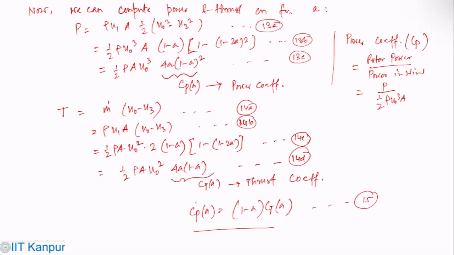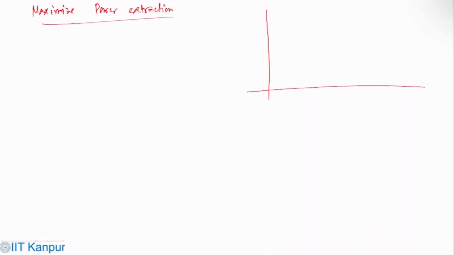So what we can do, we can maximize power extraction. So if you plot this guy, let's say 0, then 0.2, 0.4, 0.6, 0.8, 1, and 1, 2, 3.